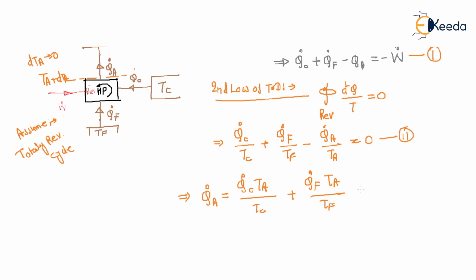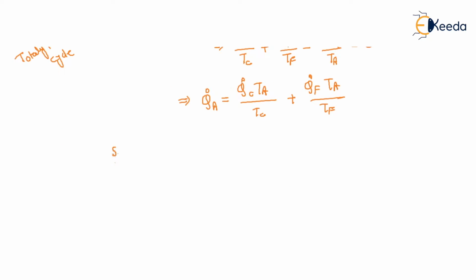Here the temperature of the reservoir is not a system boundary, so we assume the cycle is internally as well as externally reversible.